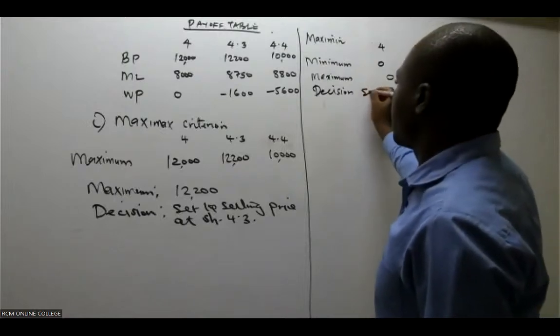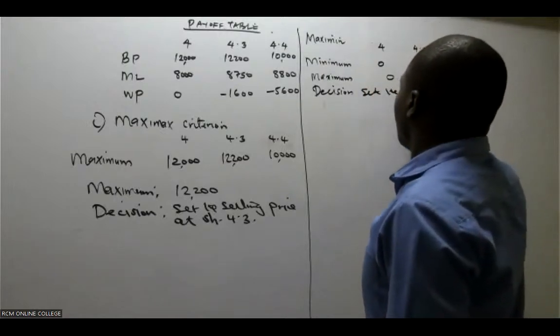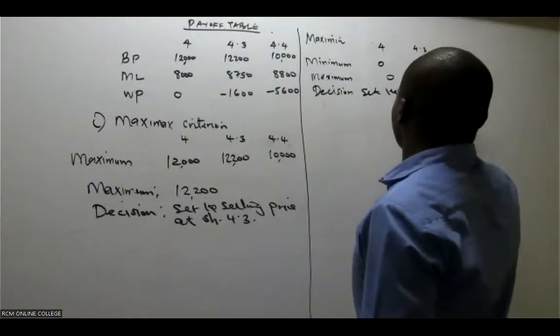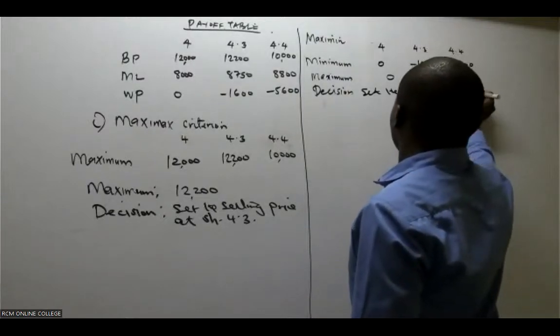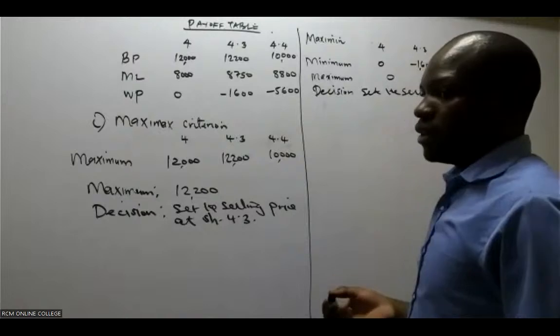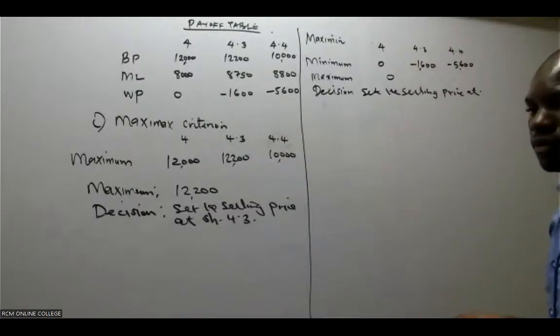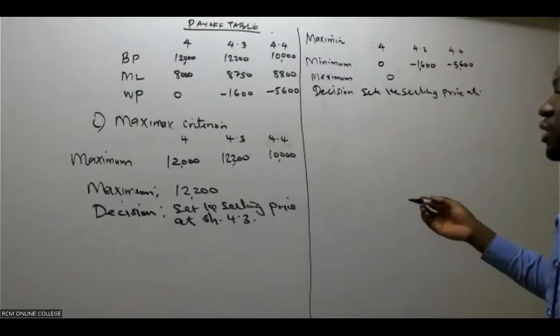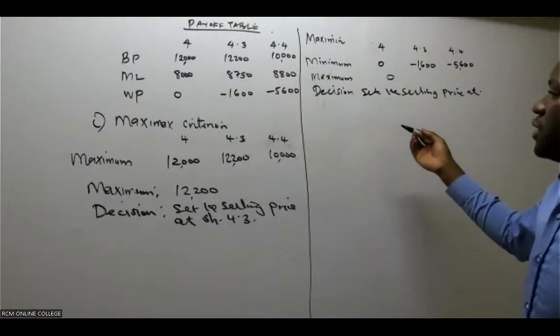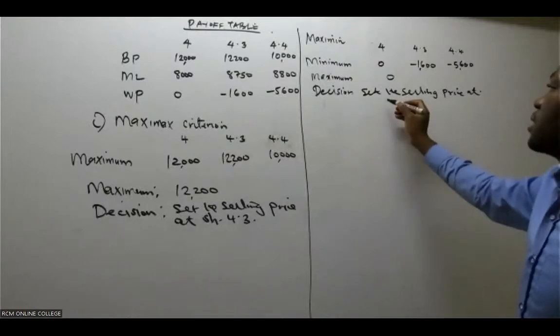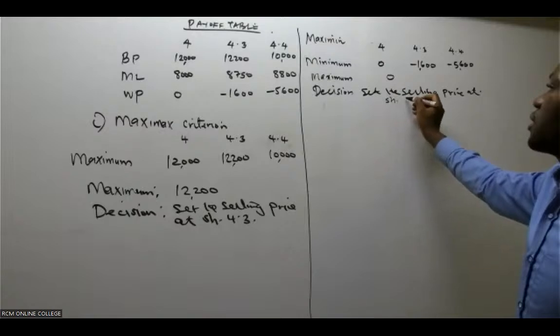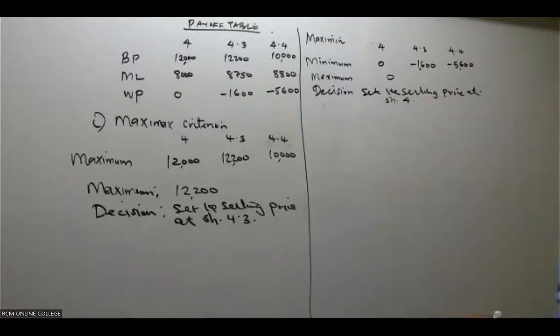Set the selling price at 4 shillings. Is it? So that's what you are required to do under maximin.